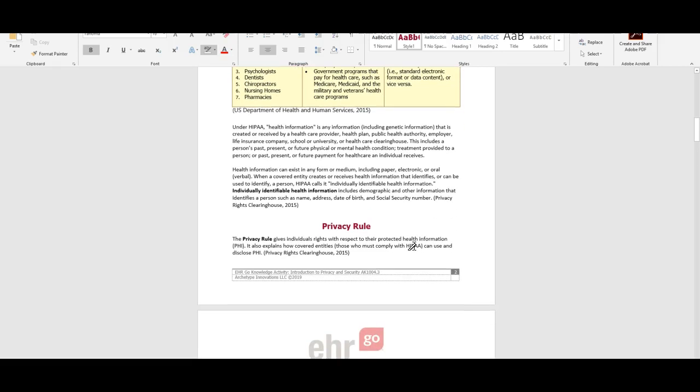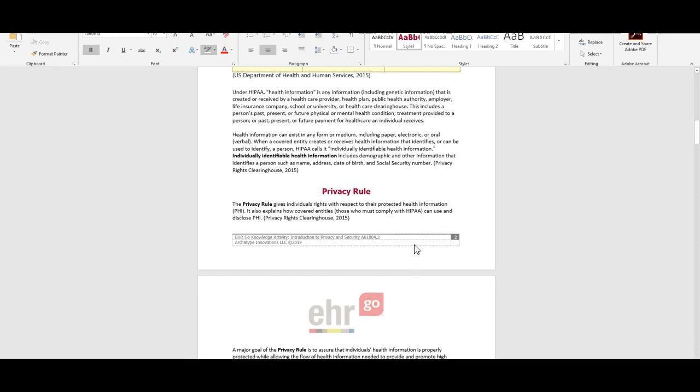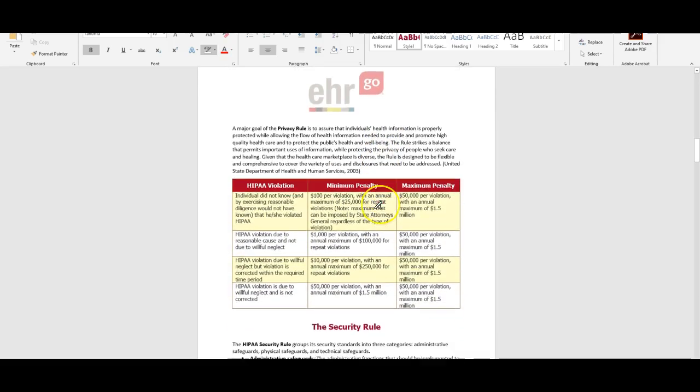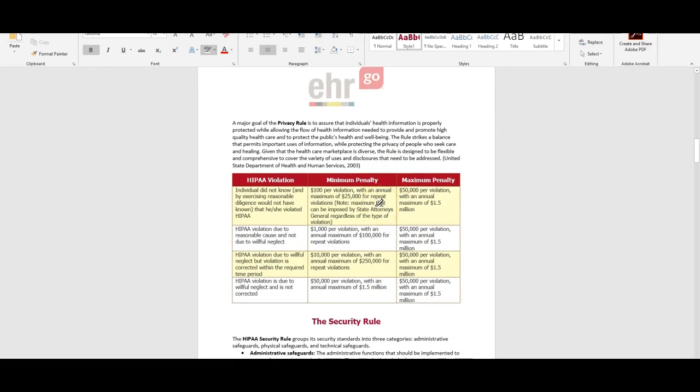I know a lot of that is review for you because we went through that pretty extensively in Medic 225 last semester, but there is some good information here regarding the privacy rule, which is a section of HIPAA that we are also responsible for enforcing in our field, so in our daily work.